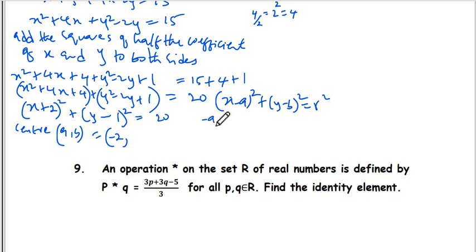Minus a is equal to plus 2. So a is minus 2. Then b is, look at it, minus b is equal to minus 1. Minus cancels minus, so b is 1. So this is our center. Our radius: r squared is equal to 20. So r is the square root of 20, or 2 root 5.